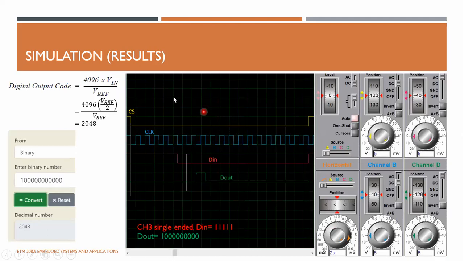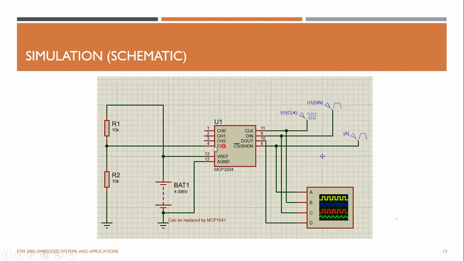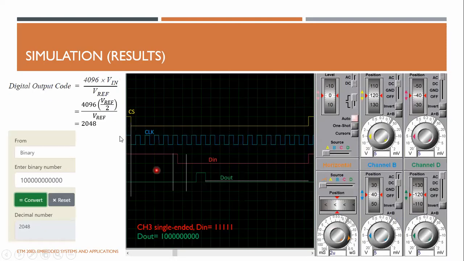So let's look at what kind of data we should get from the device. The digital output code from the device is given by this equation, which is available in the datasheet: 4096 times V in divided by Vref. V in is the voltage applied to channel 3, that is half of the reference voltage, Vref divided by 2.